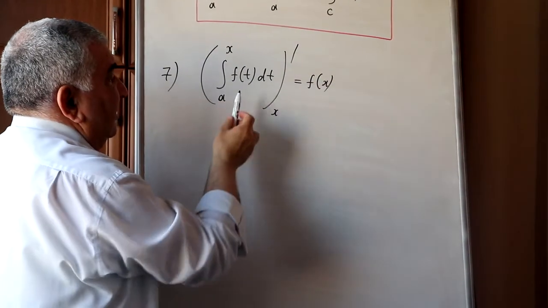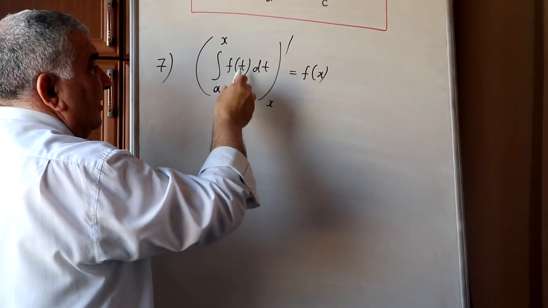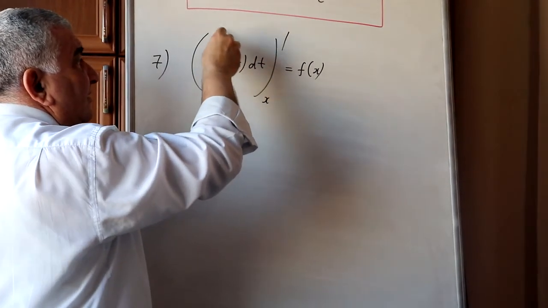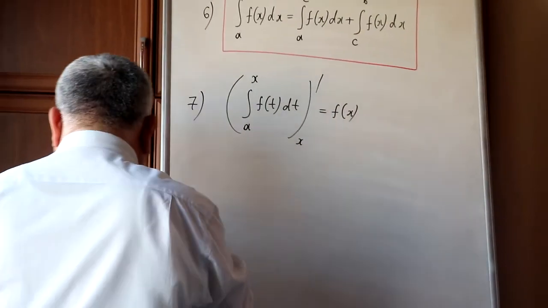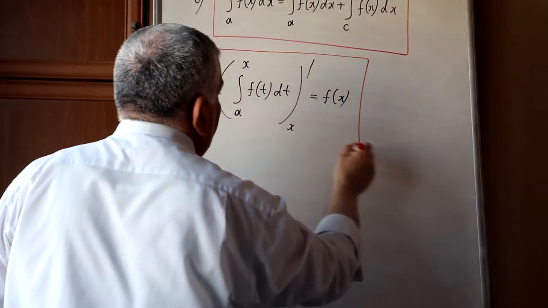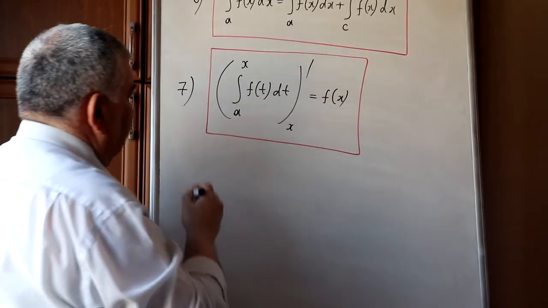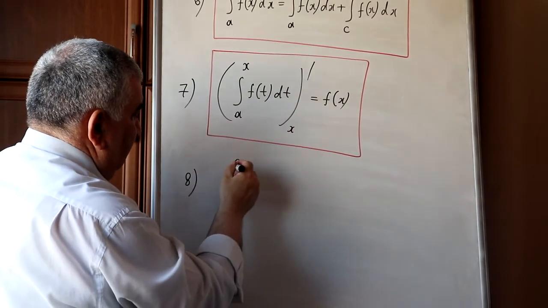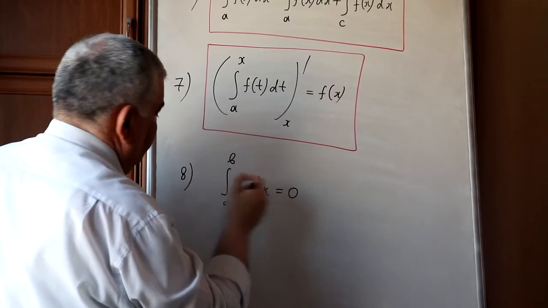That is, we take the integrand and evaluate this integrand at the variable upper limit. It is variable upper integral limit. Then the definite integral of 0 is equal to 0. Integral from a to b of 0 dx is equal to 0.